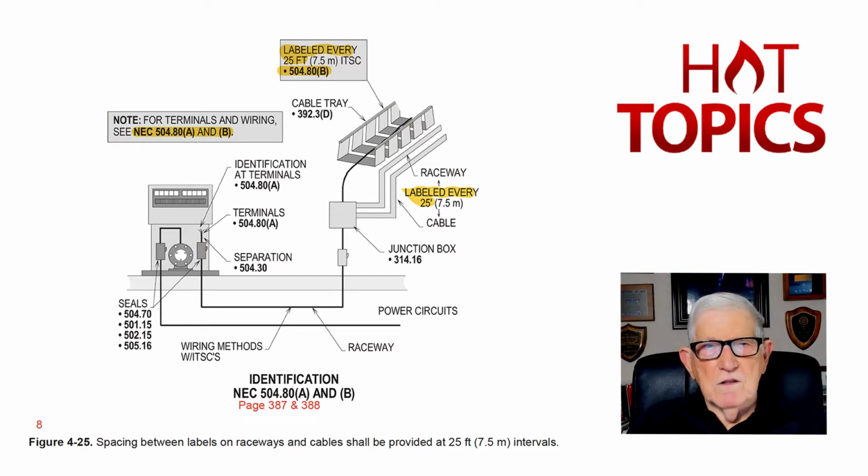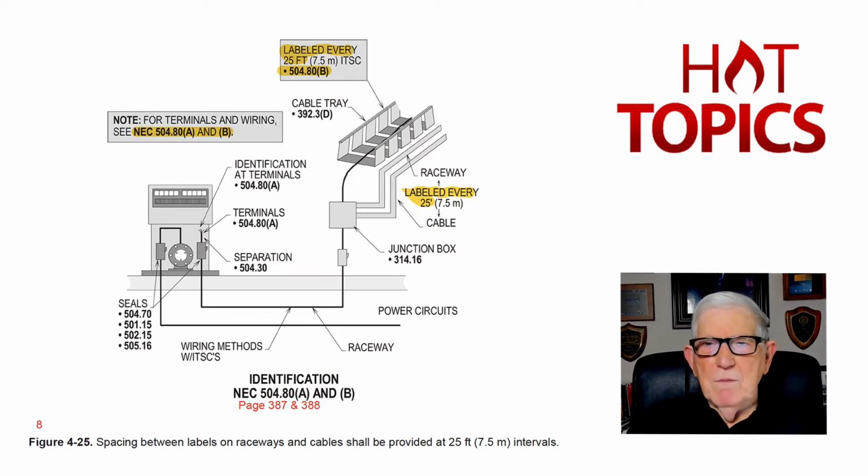The notes is for terminals and wiring, see NEC 504.80(A) and (B). Notice the label. The label has to be on the wiring method, the conduit, the cable tray. At least every 25 foot identification is required so that you know that this is an intrinsically safe circuit and don't be using it in any other manner.